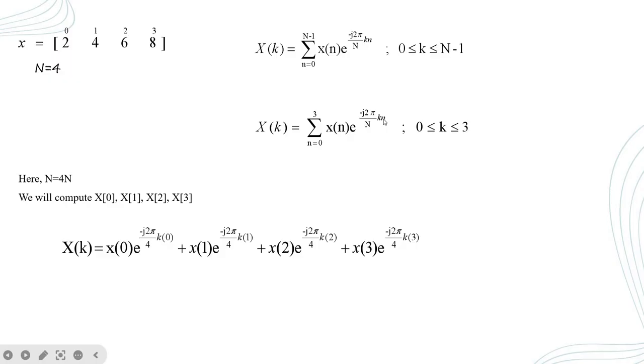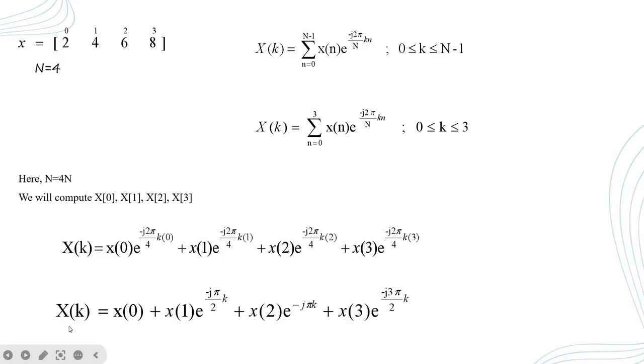Then next plus x(2) e^(-j 2π/4 k·2). Next we have to take x(3) e^(-j 2π/4 k·3). This is what we have expanded for this formula by substituting the values of small n.